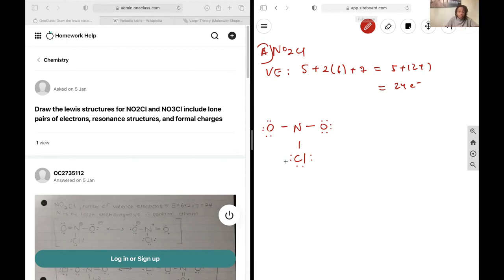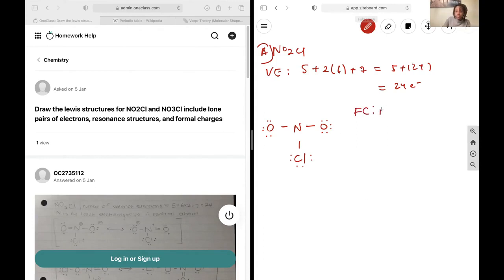Let me just ensure everything is okay here. Okay, since all of my valence electrons are taken care of, because I do have 24 electrons here, let's see about the formal charge.